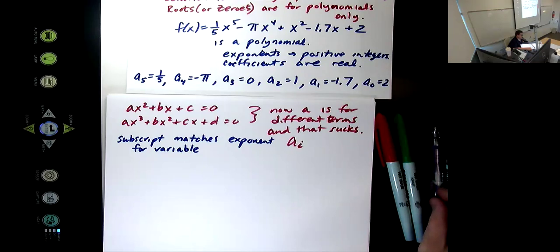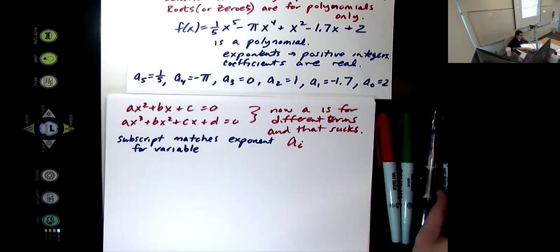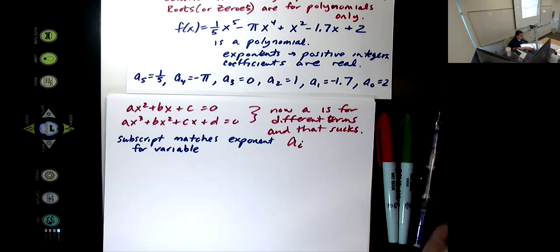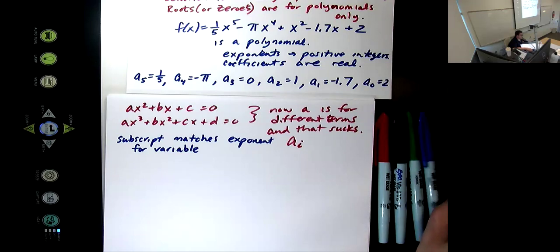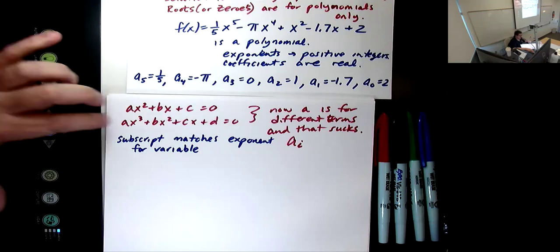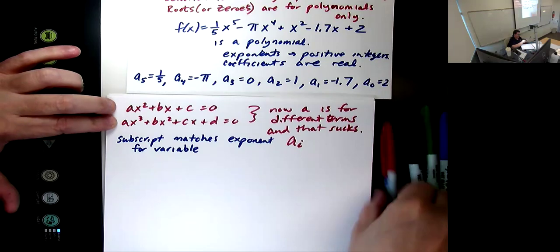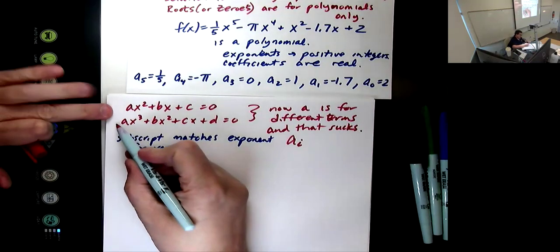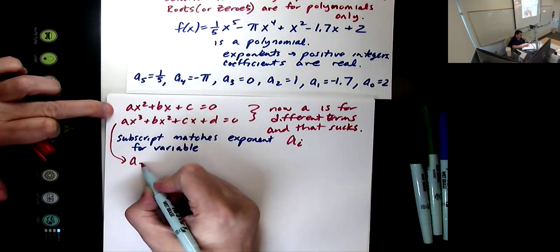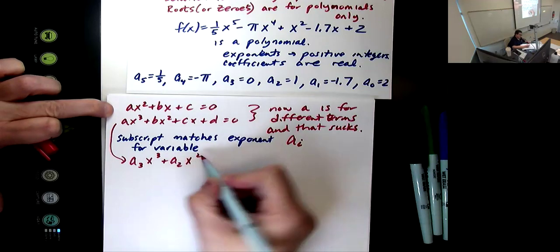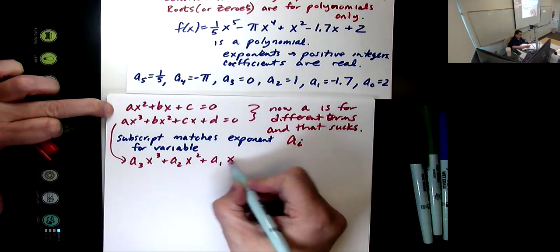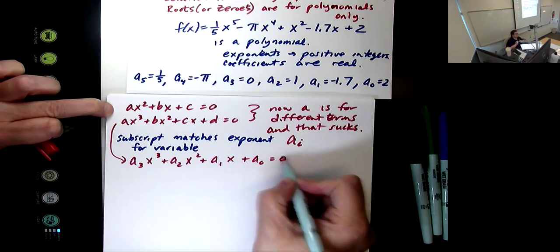So like you were saying, there's this other form which is ax squared plus bx plus c. Where there are different variables, but we're listing the A format just to describe the exponent that's there. The one we're doing now would be A3 x cubed plus A2 x squared plus A1 x plus A0 equals 0.